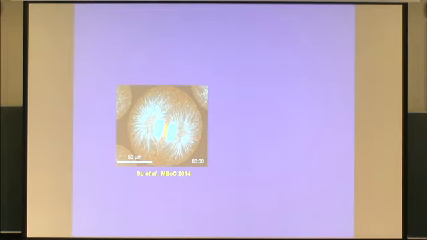Already back in the 1960s, Ray Rappaport demonstrated in his experiments, by shifting the spindle physically using needles, that if you move the spindle inside the cell, it will induce a new cytokinetic furrow at a new location, and the old furrow will be abandoned.